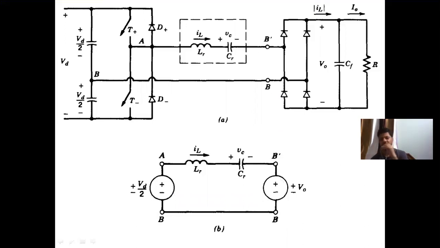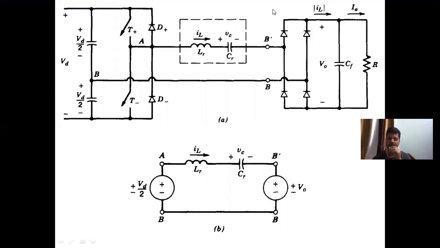So we can have a first harmonic approximation here, and then you have an AC voltage on the input side and an AC voltage on the output side, so that this becomes a linear circuit. Also, because we are using a diode rectifier, it is possible to replace this complete part by an equivalent resistance here.